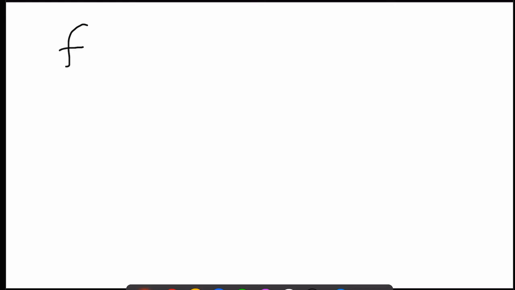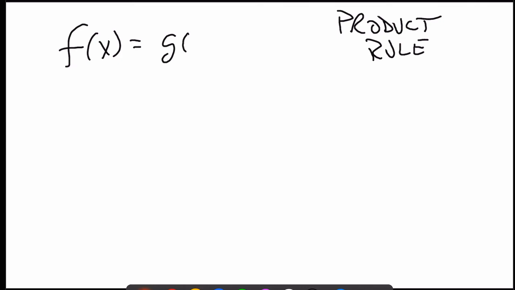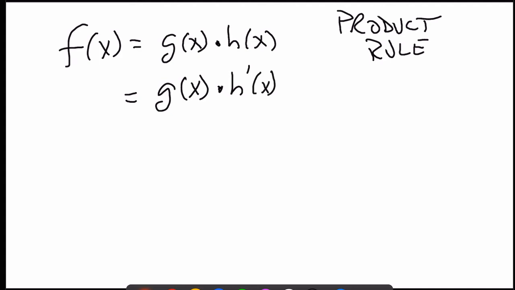Now here's a little bit of a harder one, and this is multiplication. It's called the product rule. If f(x) equals g(x) times h(x), then that's going to be equal to g(x) times the first derivative of h plus g prime of x times h(x).